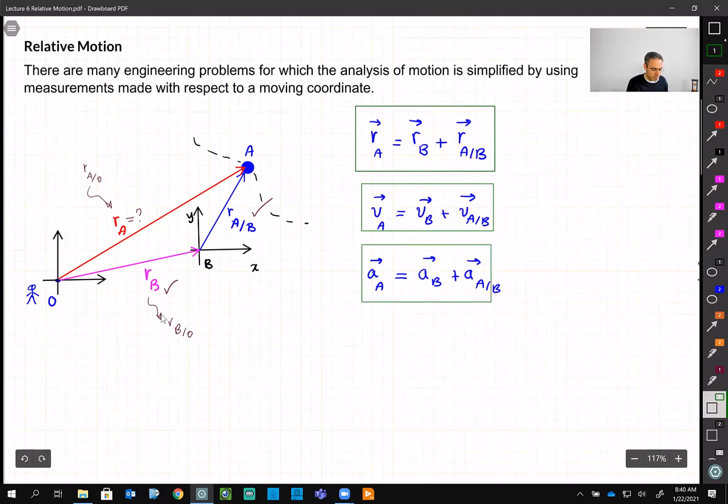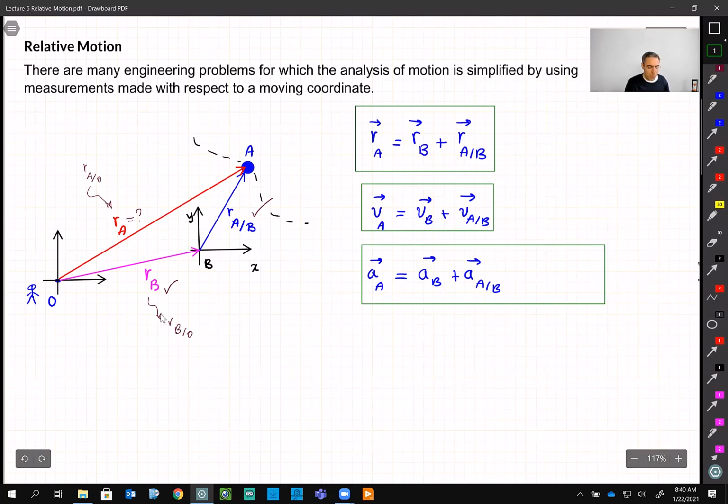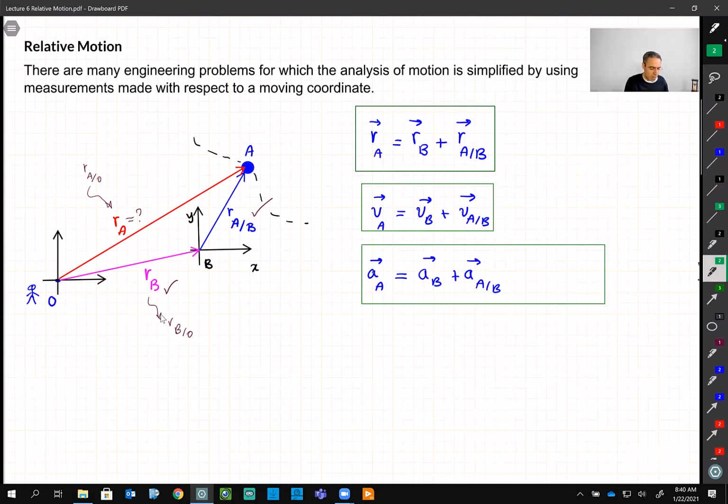So I'm going to make this box bigger, because for now, this is as you see it here. Later in the course, you will see many other things will be added here, which we don't need now, but later you will see there are other parameters and make it more fun. Okay, but for now, it's just the relation that we have.